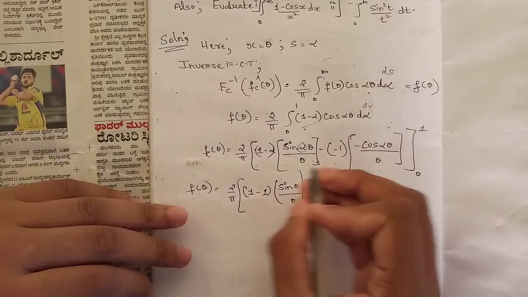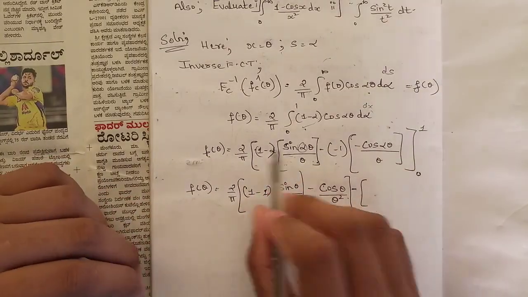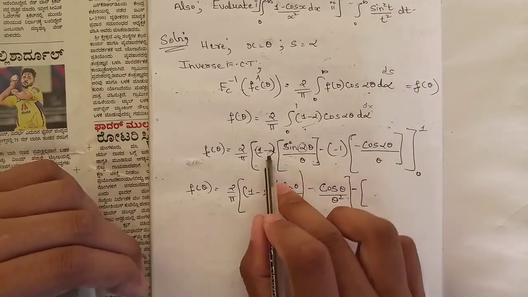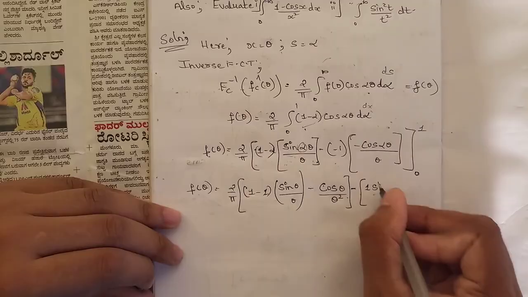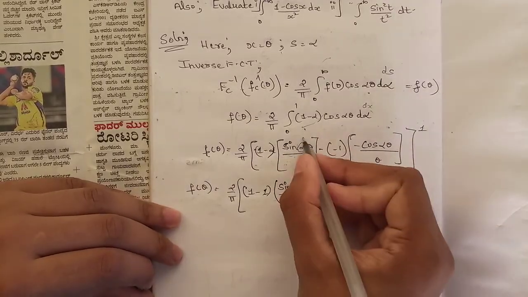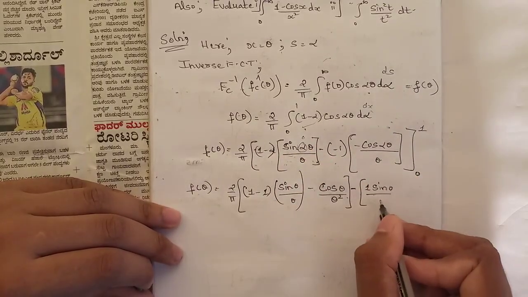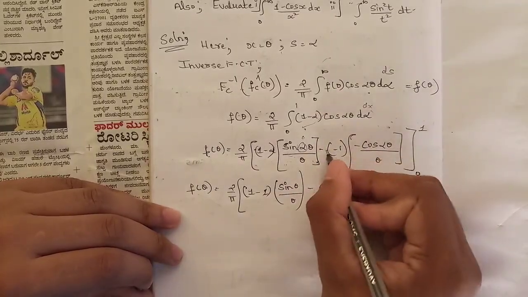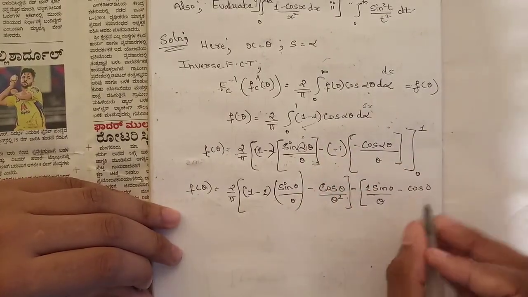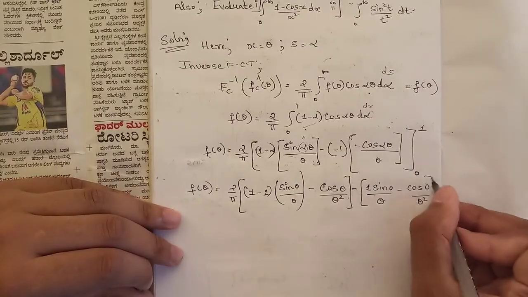Minus the lower limit, that is 1 minus alpha with alpha 0, 1 minus 0 is 1, so sin 1 into sin 0, alpha is 0, so 0 into anything is 0, divided by theta, minus cos 0, again minus into minus, plus into minus, minus by theta square.